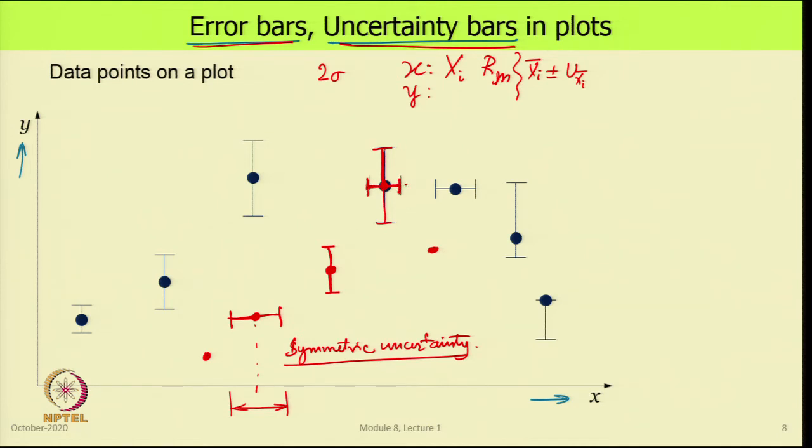So, this would be a typical complete depiction of a point where both x and y have uncertainties. If only x had uncertainty and y had no uncertainty, then the picture is here. There is no vertical band, it is just one horizontal band. Again, in all these cases, I am showing symmetric uncertainties.